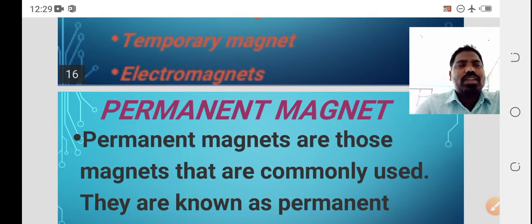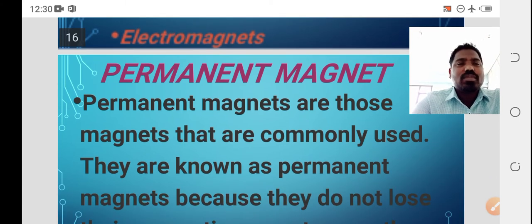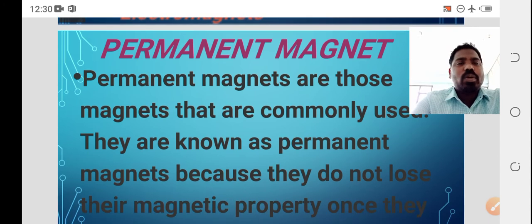Let's see what a permanent magnet is. Permanent magnets are those magnets that are commonly used. Regularly used magnets are called permanent magnets. Why are they known as permanent magnets?